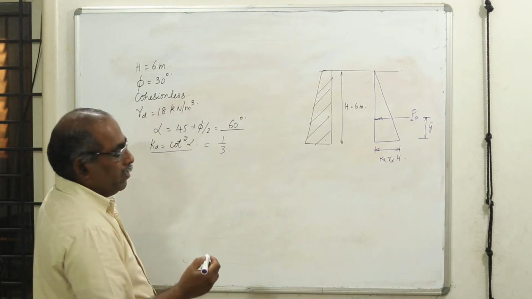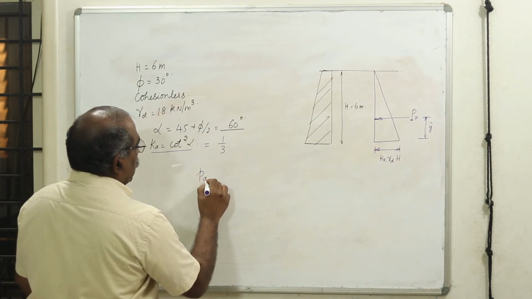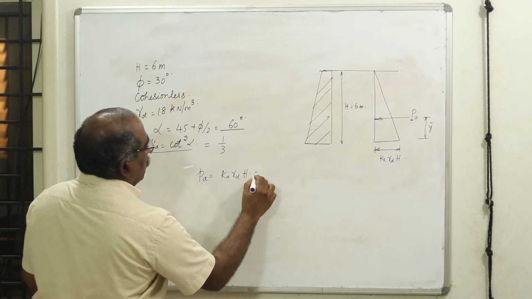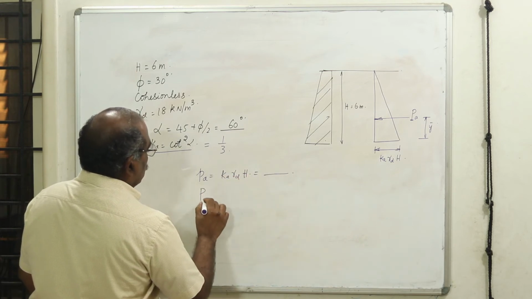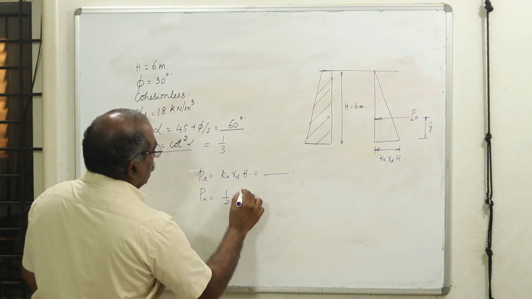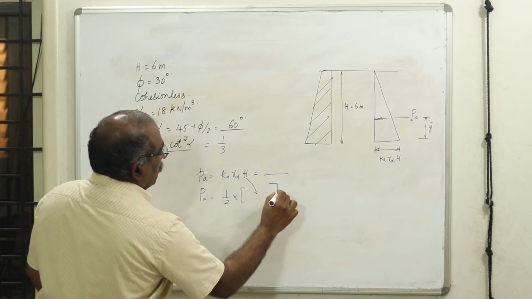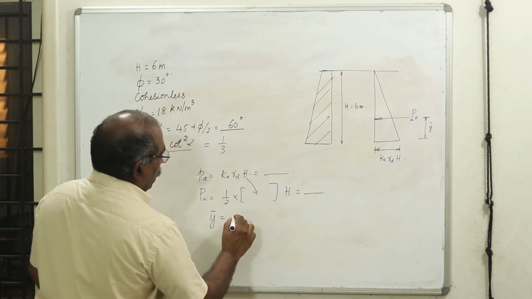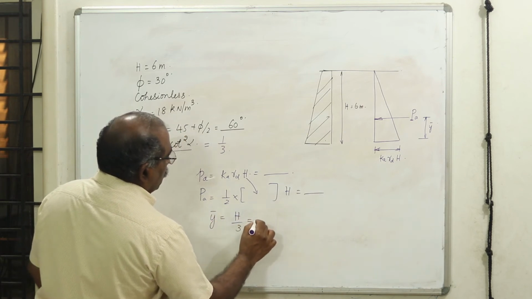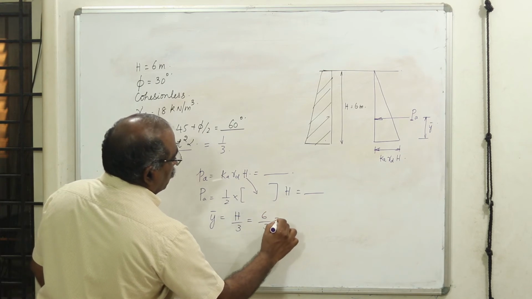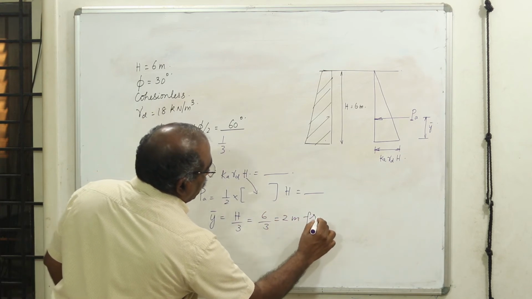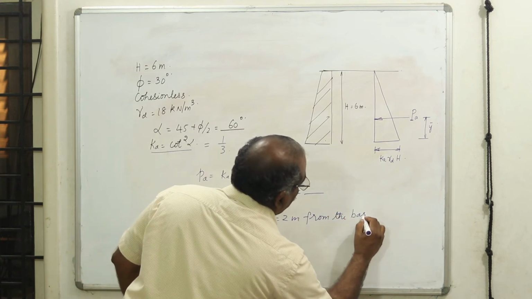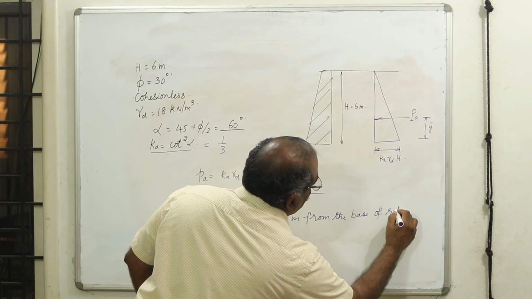You can find out what is Pa, which is equal to half into this quantity into H. Find out that value. Find out what is the value of Y bar. Y bar will be H by 3. This will be 6 by 3 equal to 2 meters from the base of the retaining wall.